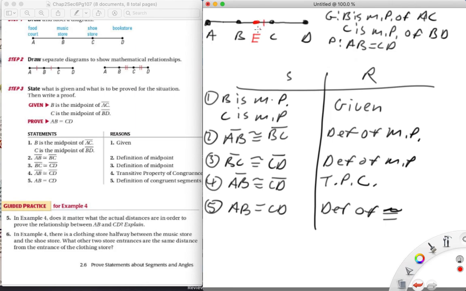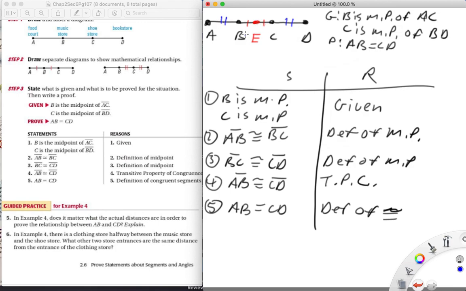So I can say that that guy is congruent to that guy. We've already established that these guys are congruent to each other. So they want to know, well, what's the other two stores that this thing is equal to? So we know it's equal to BC. We know that BE and EC are the same. They're equal to each other.